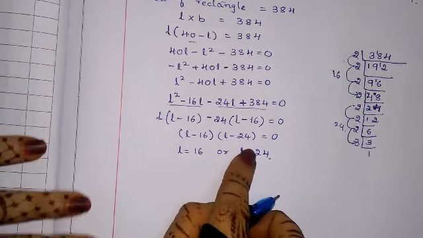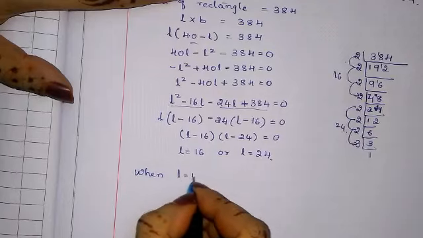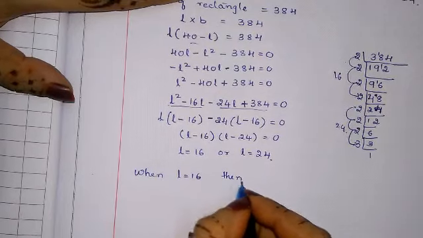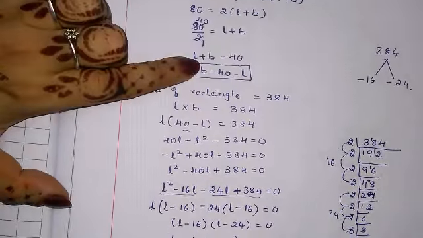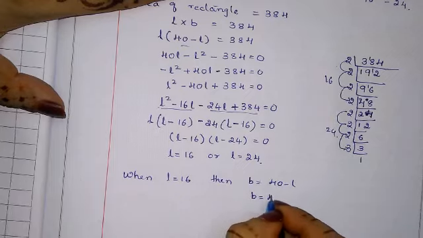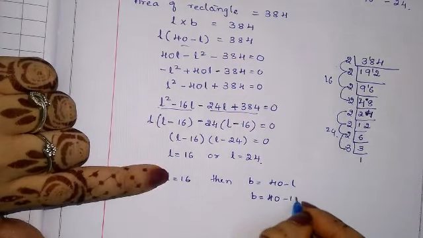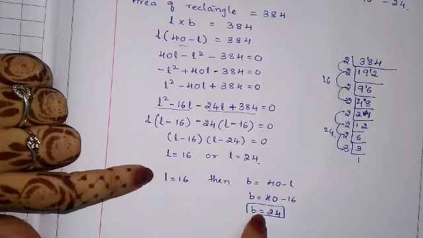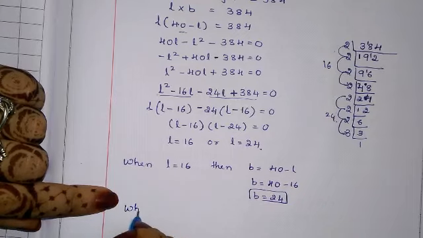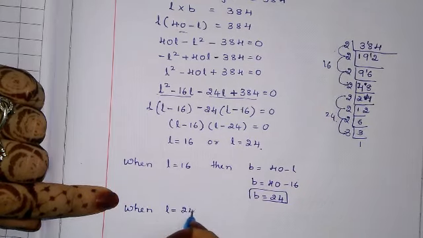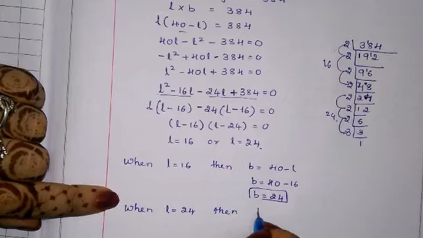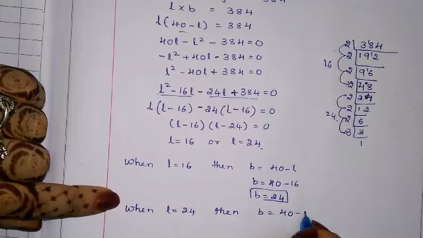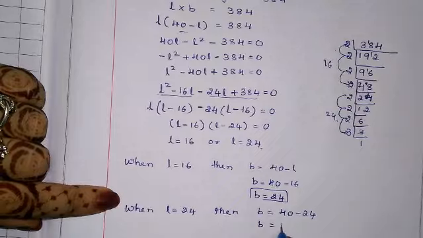Same as the previous problem, when L is equal to 16, then B is equal to 40 minus L, which is 40 minus 16. B is equal to 24. Okay, if L is 16, B is 24. When L is equal to 24, then B is equal to 40 minus 24, which is nothing but 16.